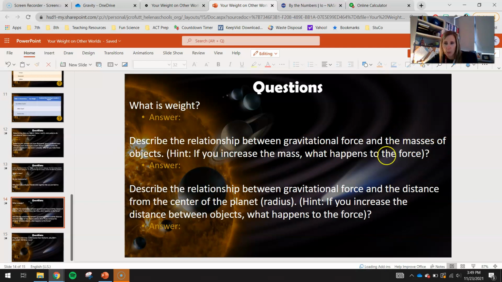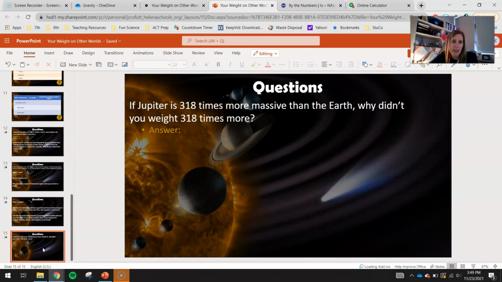Hint, if you increase the mass, what happens to the force? Describe the relationship between gravitational force and the distance from the center of the planet, or the planet's radius. Hint, if you increase the distance between objects, what happens to the force? And then finally, if Jupiter's 318 times more massive than the Earth, why didn't you weigh 318 times more? Okay, so think about that.